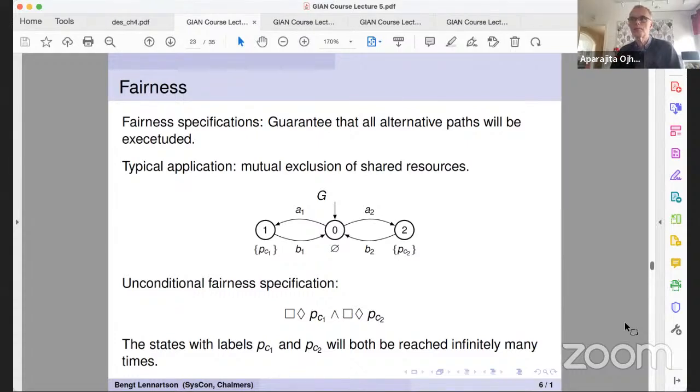This also indicates that these temporal logic expressions have a very close connection to automata. And what is done in practice is that all these temporal logic expressions, at least the LTL expressions, are transformed to automata, and then you verify properties by synchronizing this specification automaton with the system automaton.